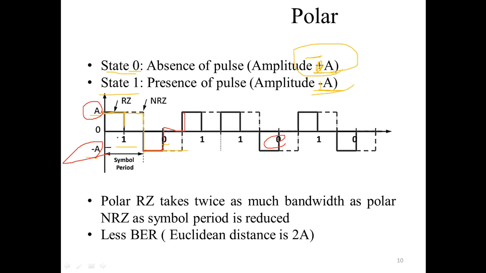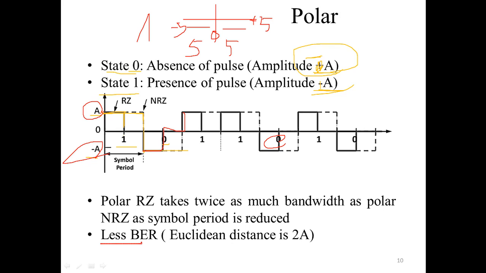And you can see that as you have increased the Euclidean distance, let's say plus 5 and minus 5, this is plus 5 and this is minus 5. So the center line will be somewhere at the 0 point, and the distance will be 5 from each side. So it is very much less probable to have some kind of errors as compared to the unipolar.